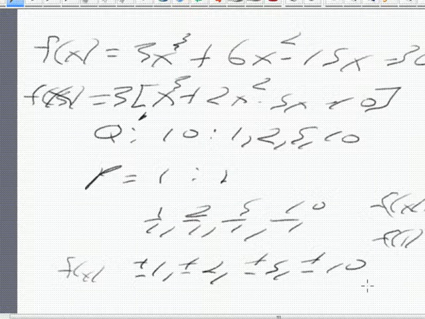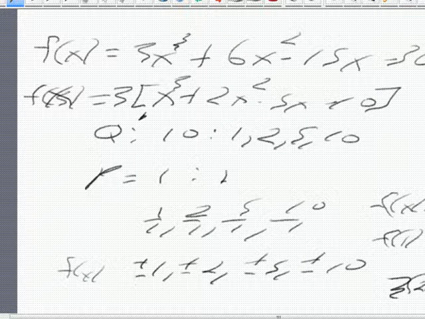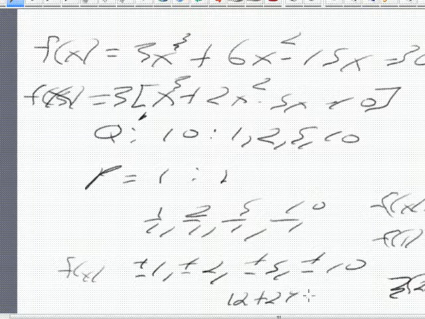So I'm going to try 3 times 2 cubed plus 6 times 2 squared minus 15 times 2 minus 30. I get 3 times 4 is 12 plus 24, and I don't think that one works. So you've got to keep plugging those numbers in to see which one works.